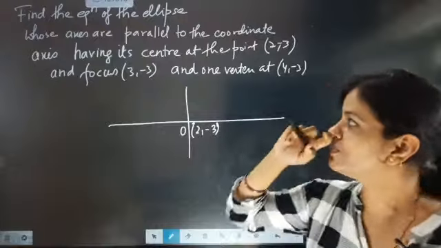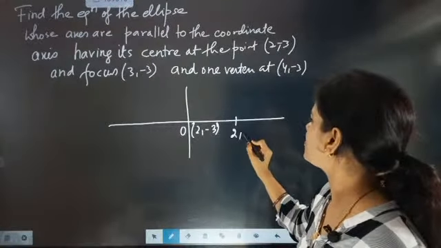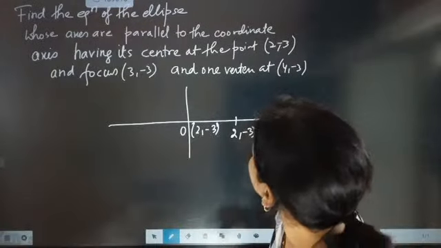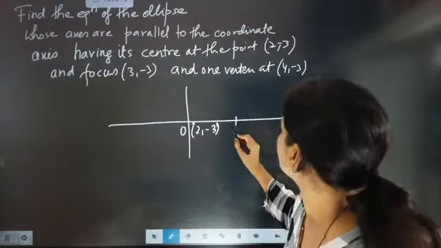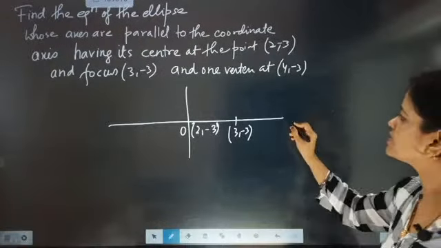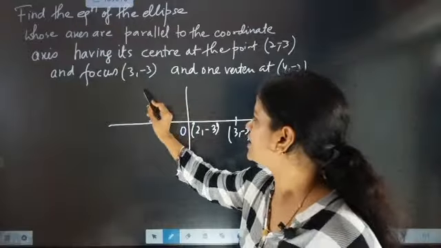We will name it as O. The focus is 3, minus 3 and the vertex is 4, minus 3. So now I am ready to draw the ellipse.